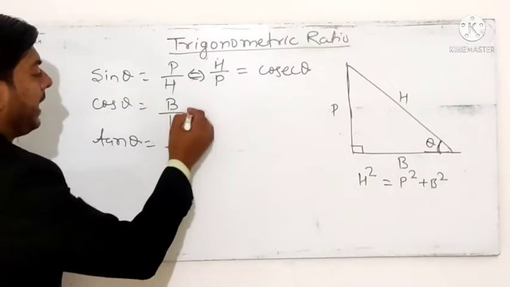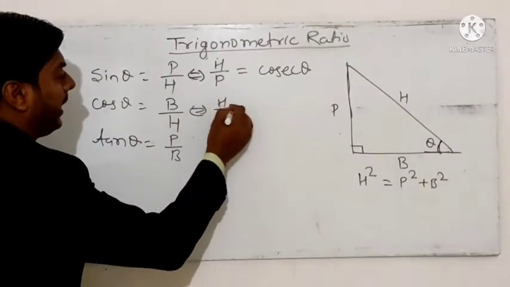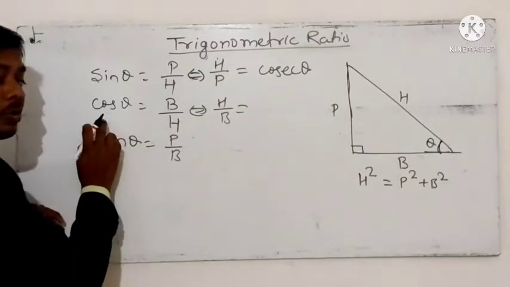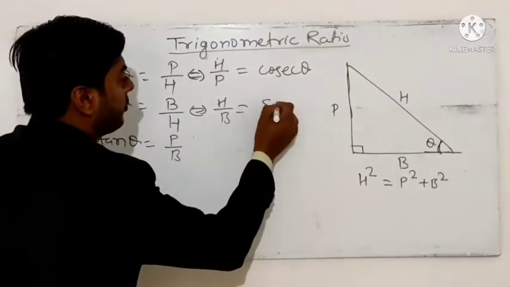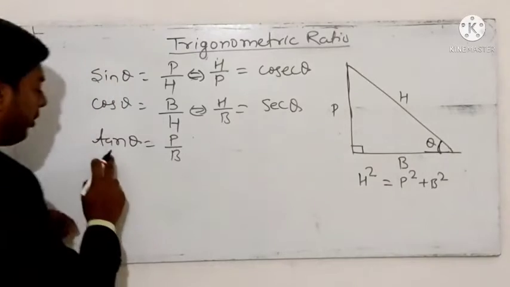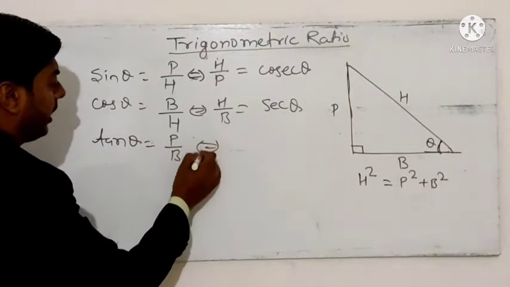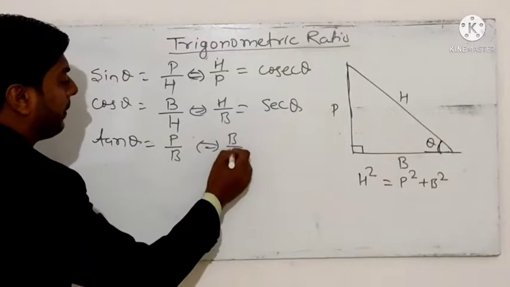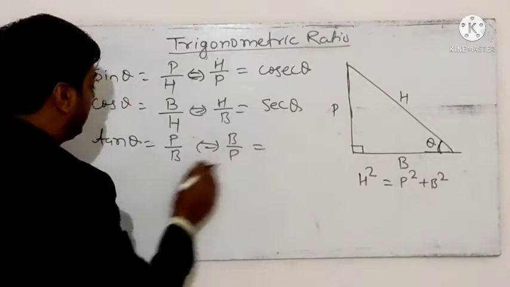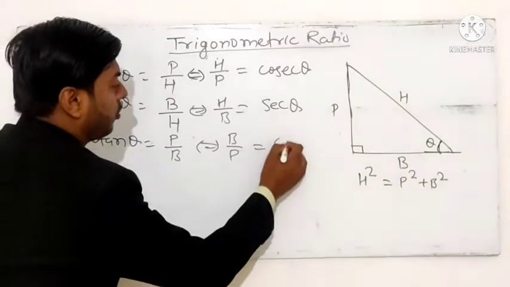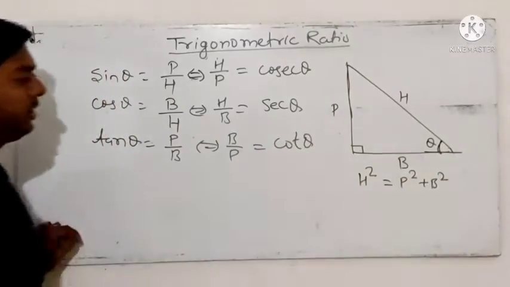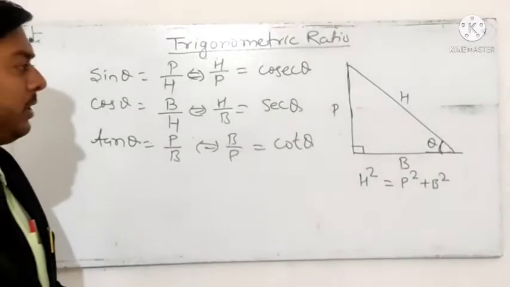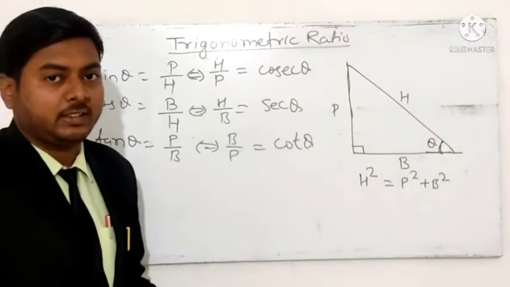When b by h is changed into h by b, cos theta changes into sec theta. When we change base by perpendicular, tan theta changes into cot theta. So these are some basic terms and how they change.